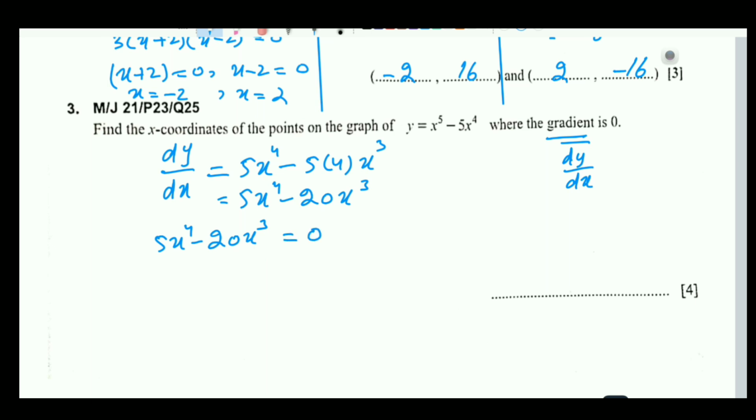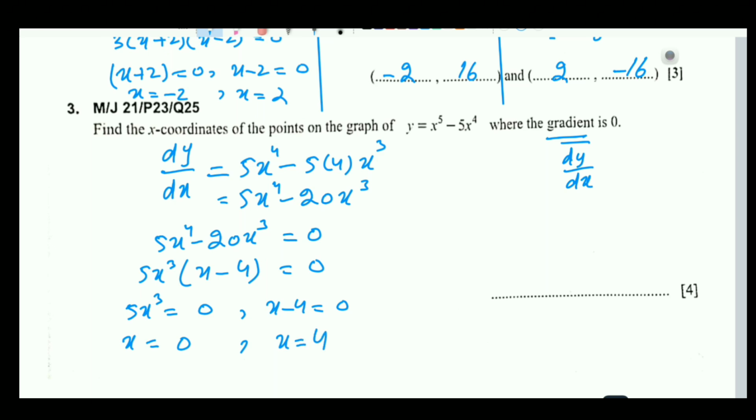Now we will again factorize. 5x cube is common, x minus 4 is equal to 0, 5x cube is equal to 0, x minus 4 is equal to 0, x is equal to 0 and x is equal to 4.